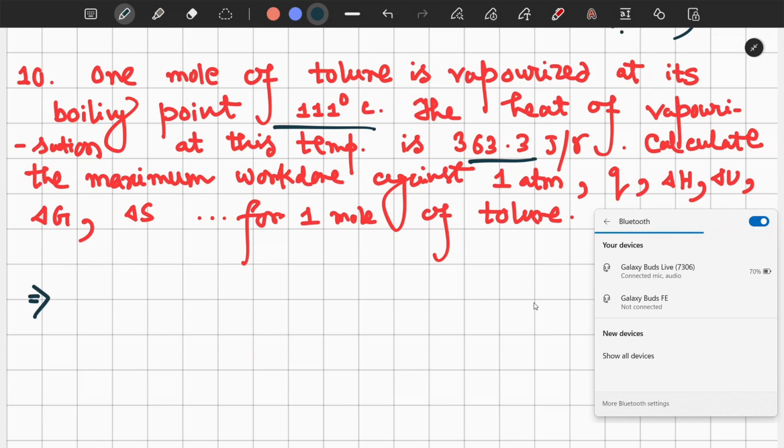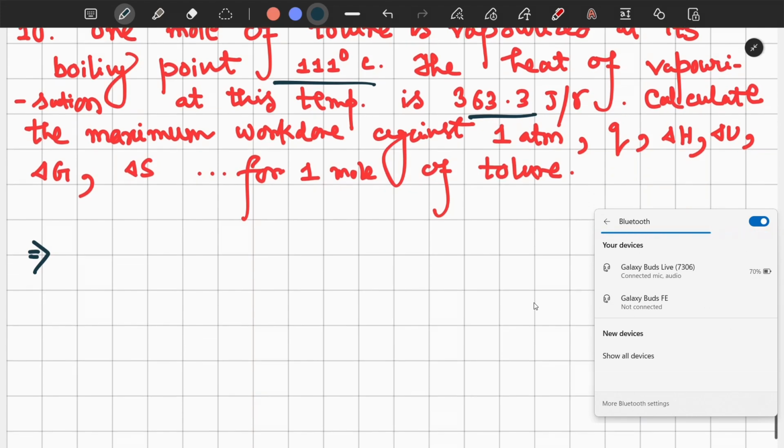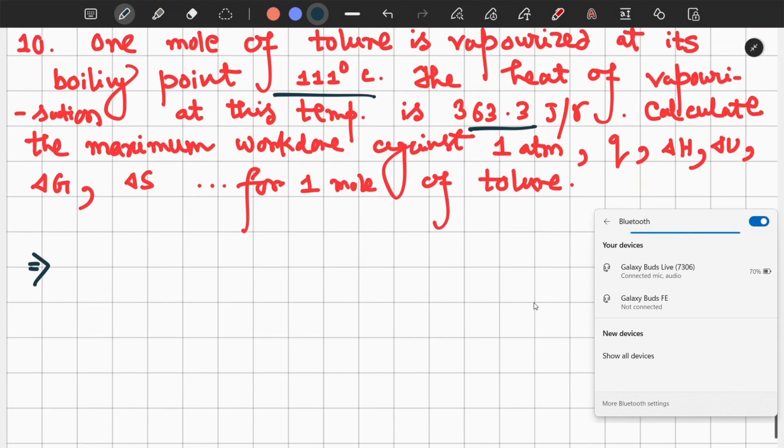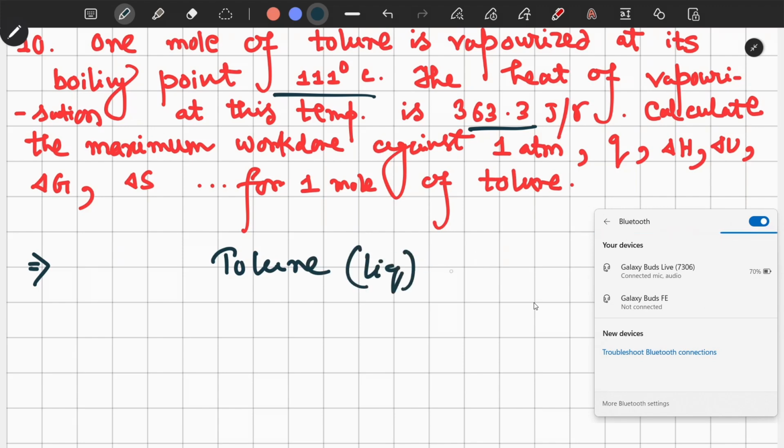So what is going on? Toluene in the liquid state goes to toluene vapor at 111 degree centigrade. This is going on, right?